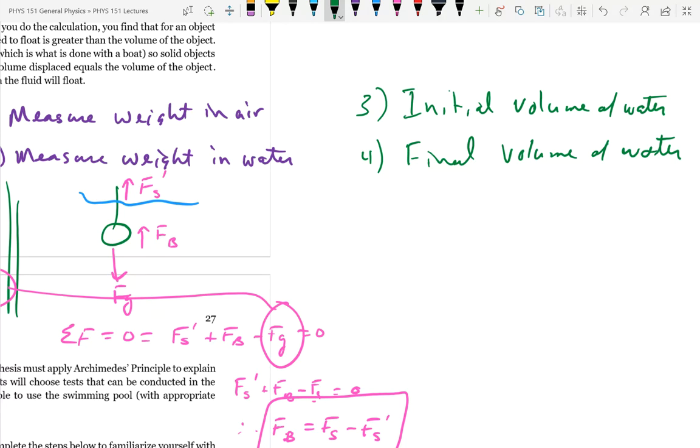So very simply, you initially had the volume here, and then you have your object in here, and the water level's up there.